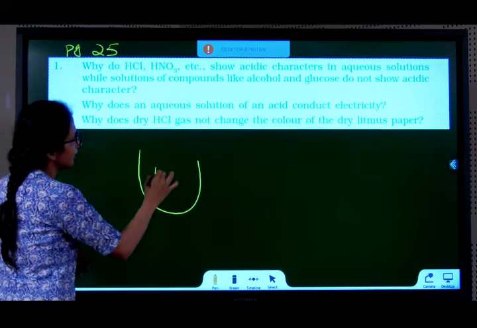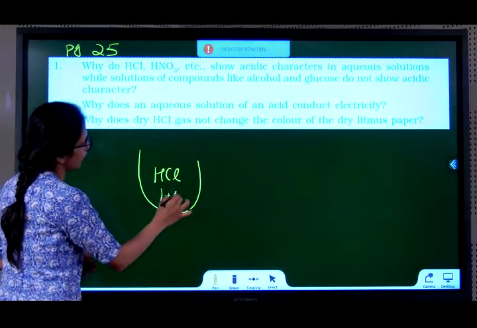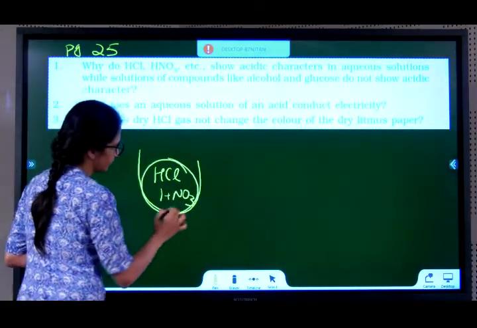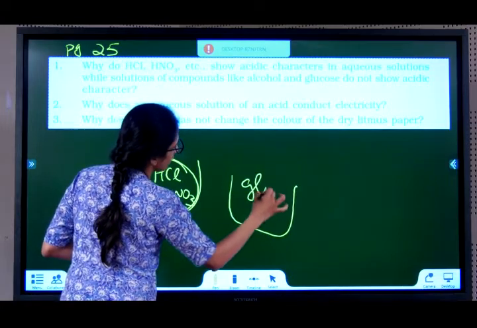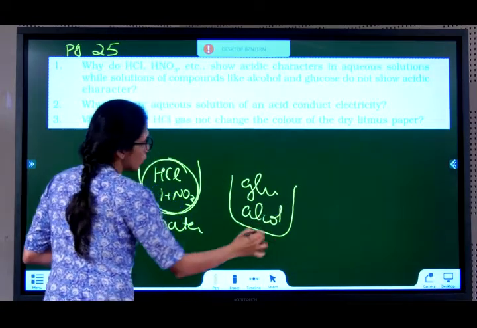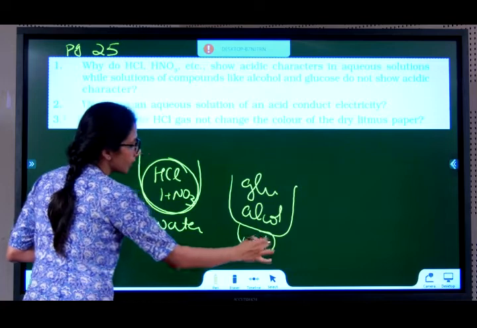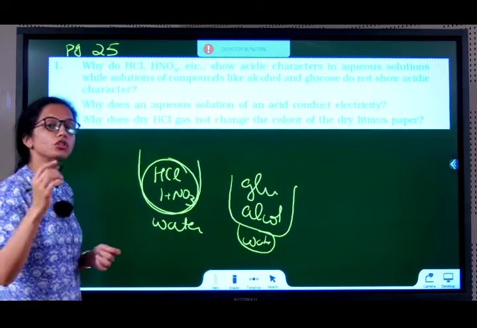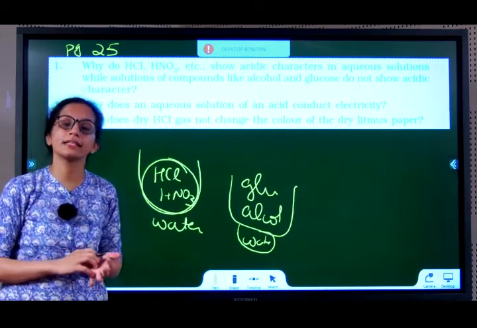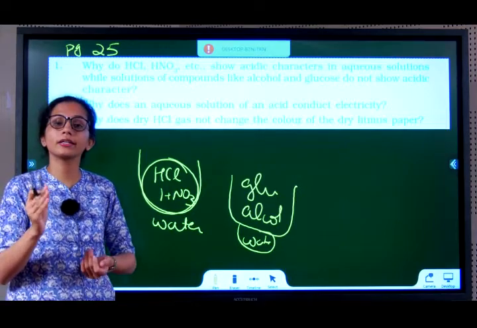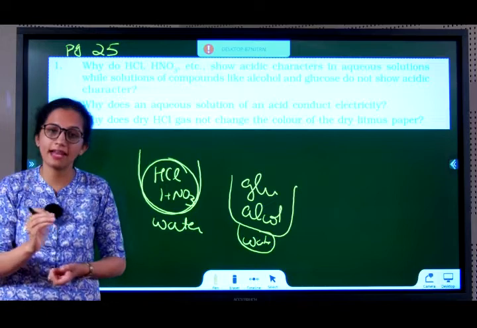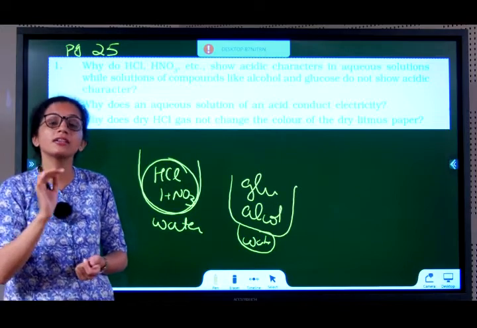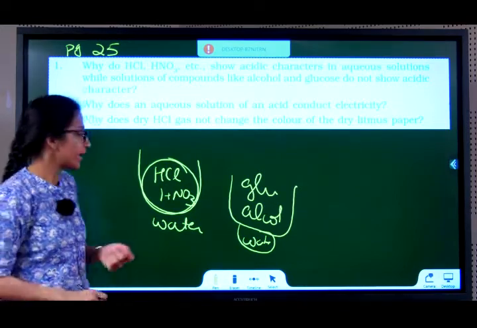Because if I take HCl or HNO3 and put it in water, and I put glucose or alcohol in water, you will observe, for a substance to show acidic characteristic, what is important? H plus ion is important. It is the H plus ion that shows acidic characteristic. It is the H plus ion that turns blue litmus red.